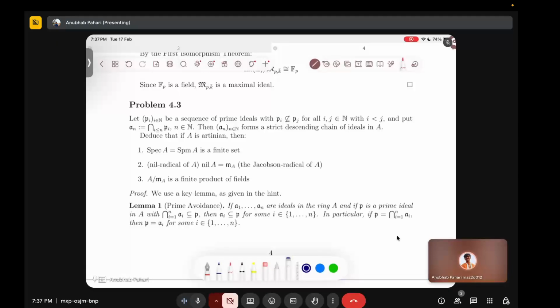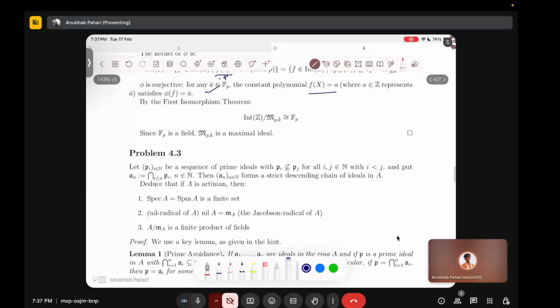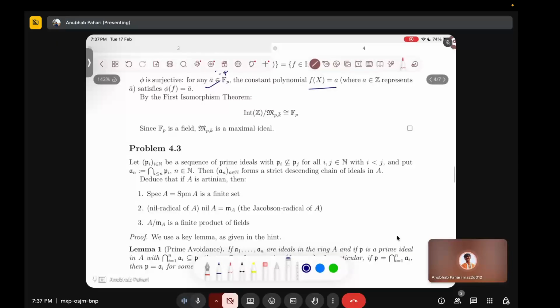So what we are saying is that P1 is not contained in P2, P2 is not contained in P3, something like this is happening, but other things can happen and there is nothing said about them. This can happen maybe.